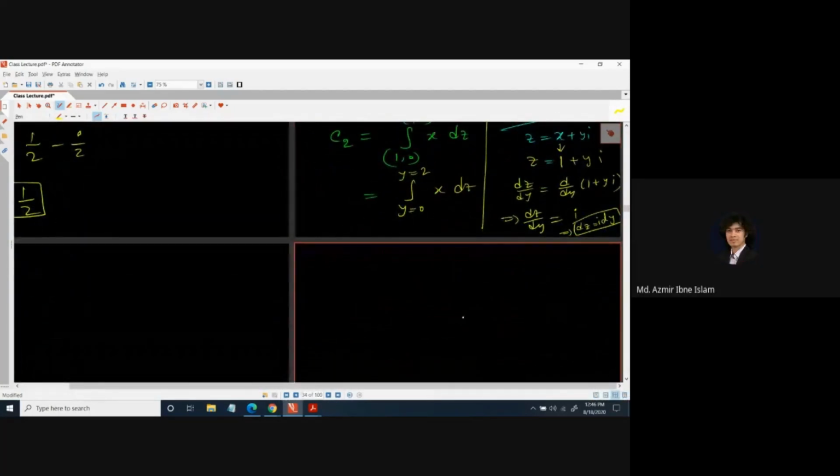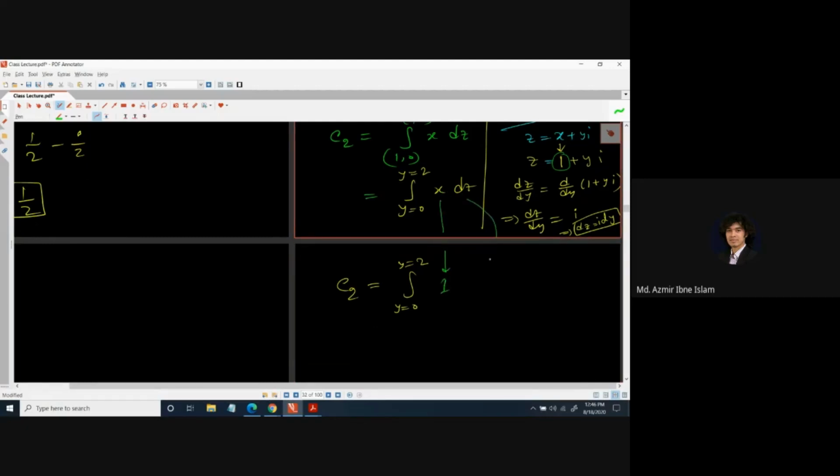So now we can write C2 as the integral from y equal to 0 to y equal to 2. You can see x. We already have the fixed value of x, because we can't keep x here as we are going to integrate in terms of y. So let's input the fixed value 1.